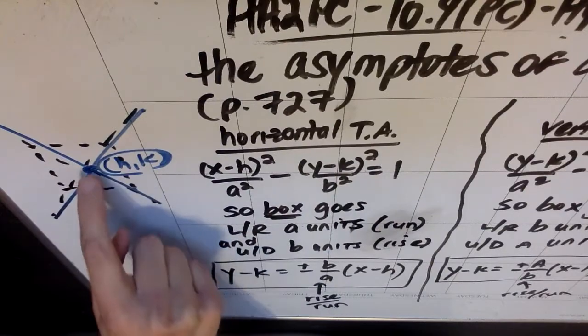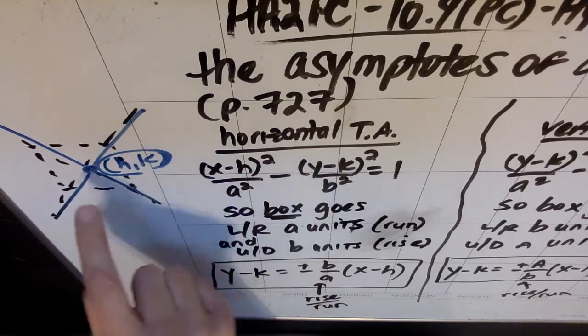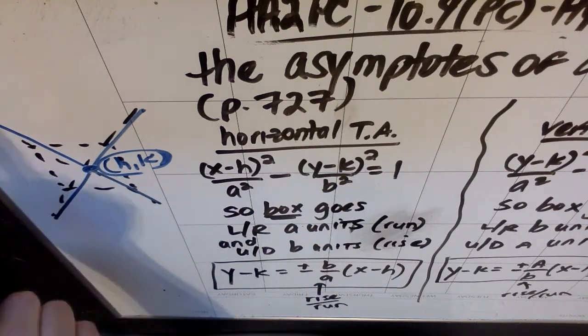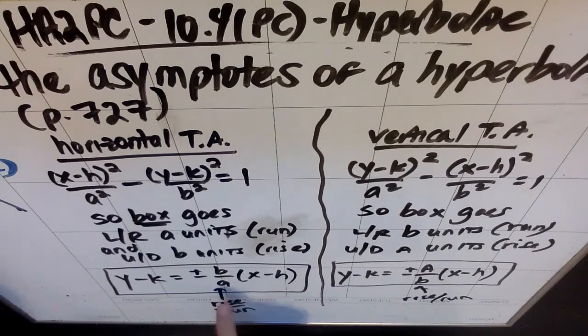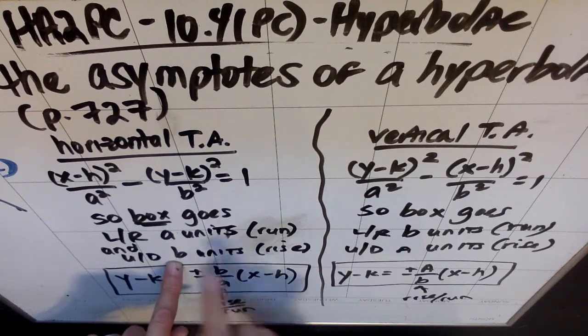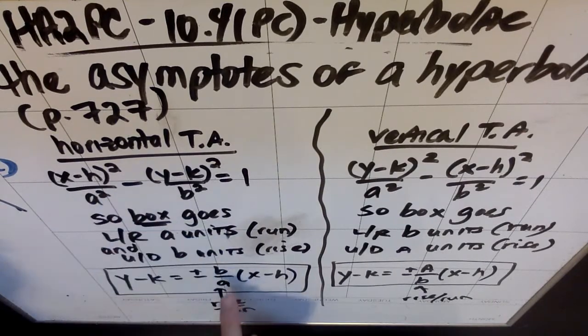Because while this guy rises b, like positive b, positive a, this guy is negative a, and positive b. So one of them is the positive version of the slope and one's the negative. But here, where b is associated with y, b would be the rise and a would be the run, hence b over a. And then in parentheses, x minus h, because that's the x coordinate of the center.